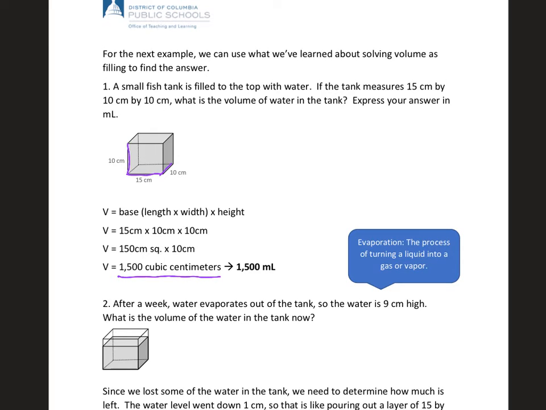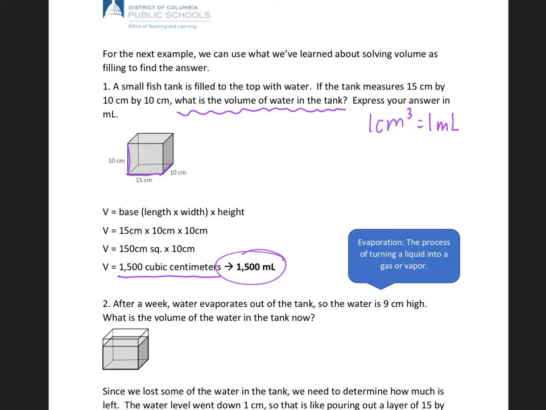Well, if 1 cubic centimeter is equal to 1 milliliter, then 1,500 cubic centimeters means the volume is also going to be 1,500 milliliters. The question they asked was, what is the volume of the water in the tank? And the volume is going to be 1,500 milliliters.